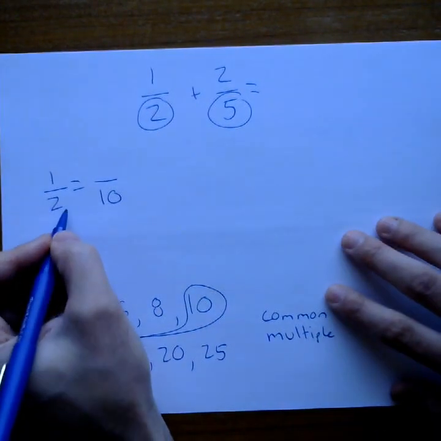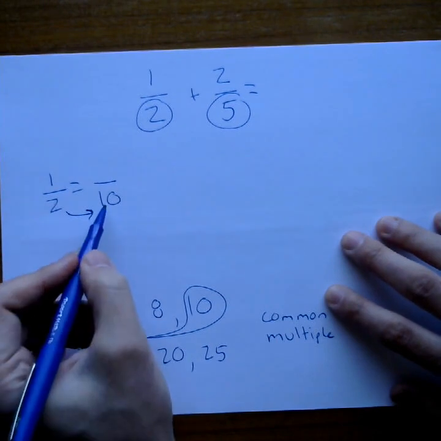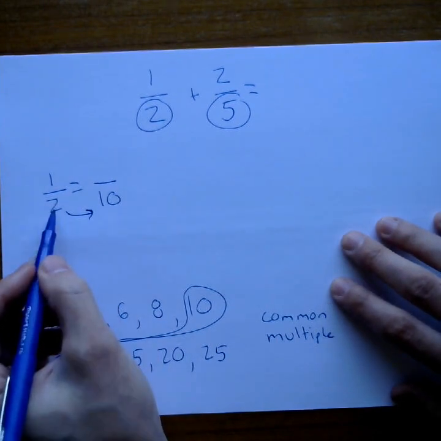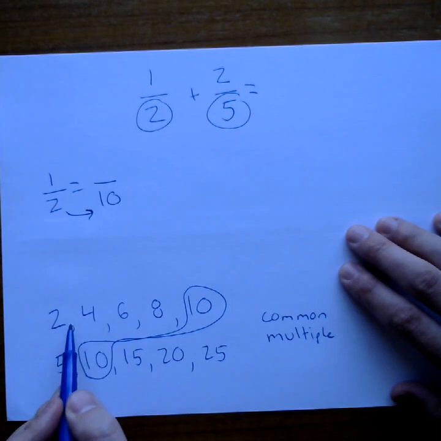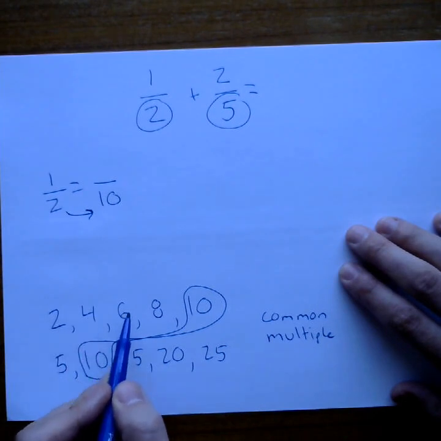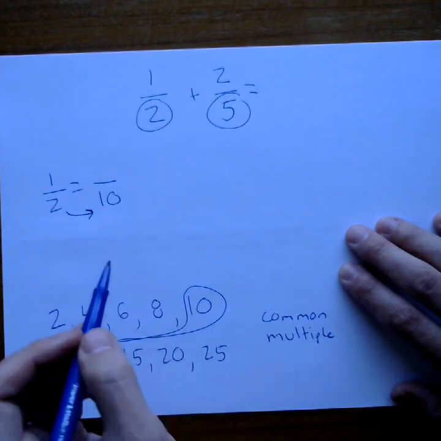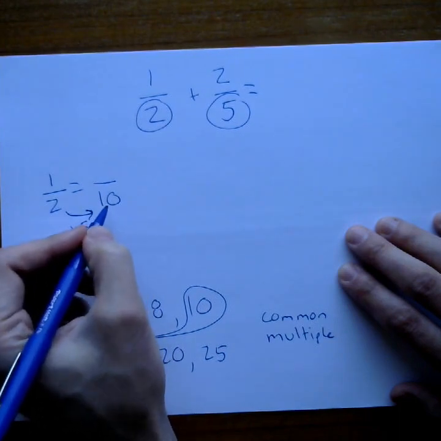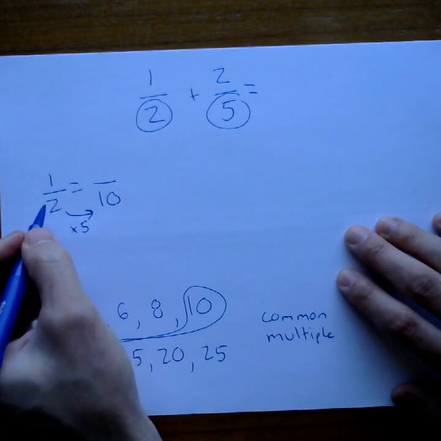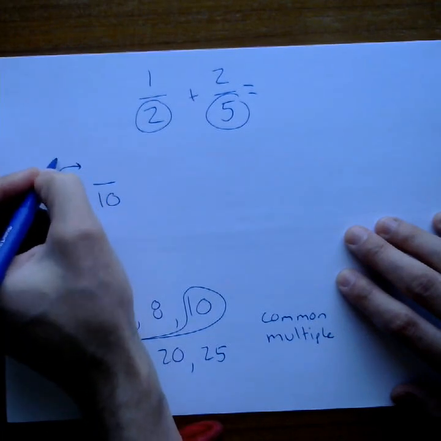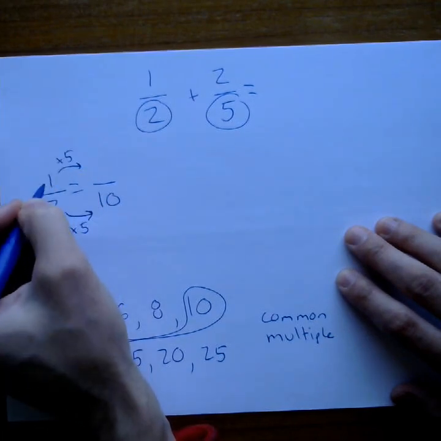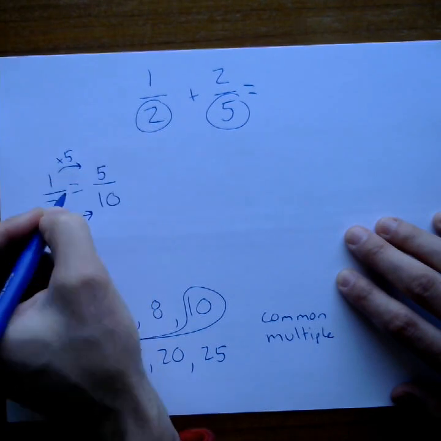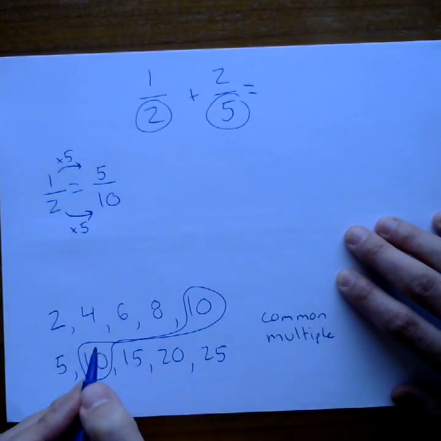Well, how many times smaller are tenths than halves? It's the 1, 2, 3, 4, 5th multiple of 2. Tenths are 5 times smaller than halves, so we need to take 5 times as many pieces to make the same amount. So 1/2 is equivalent to 5 tenths.